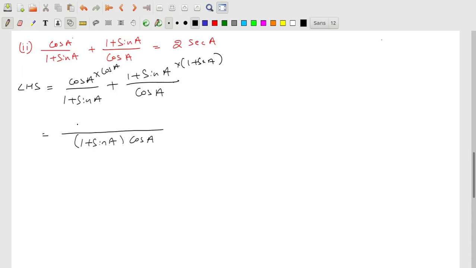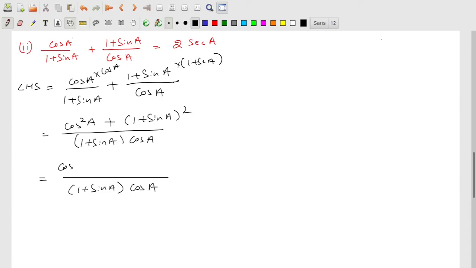So then cos A into cos A is cos square A, and then here 1 plus sin A the whole square.